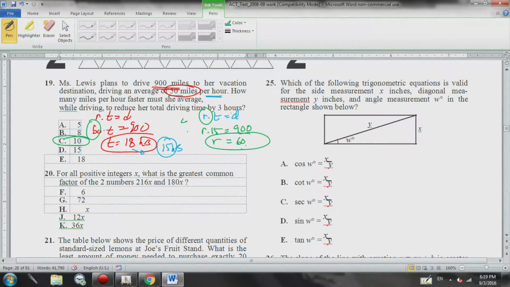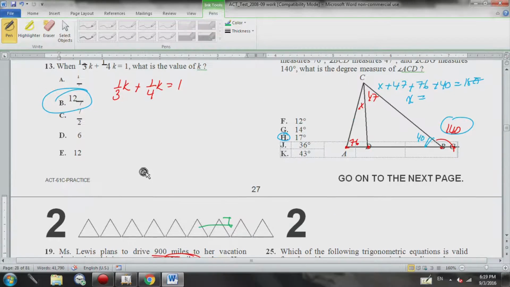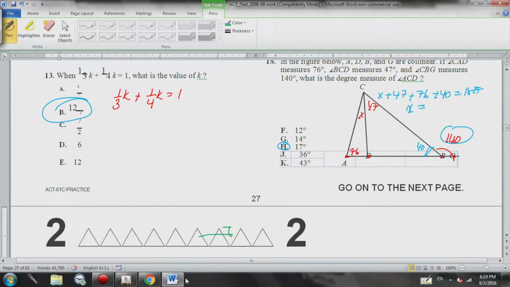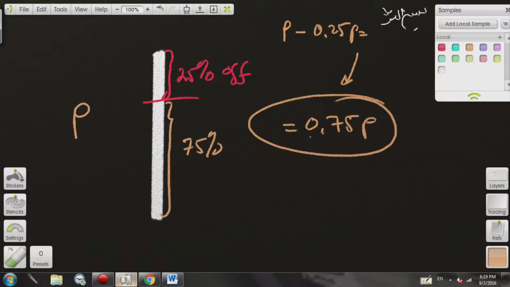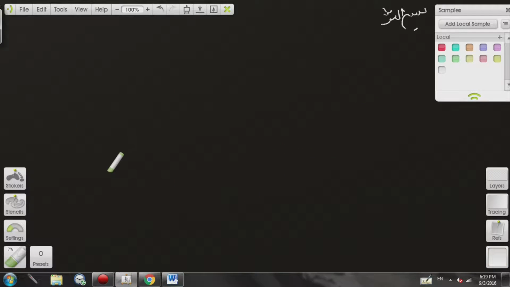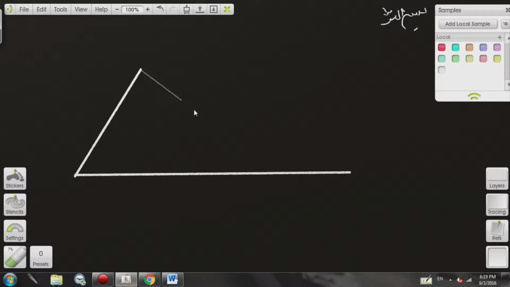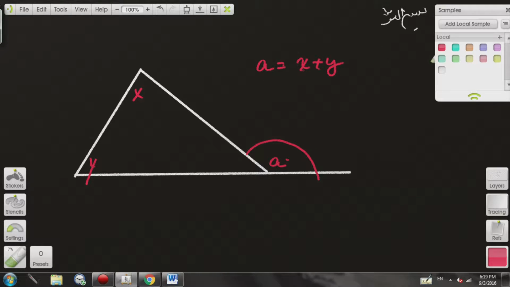Before I go on to number 20, I just want to go back to this one and comment on it a little bit. Just as a reminder about triangles, there's one theorem that's very important, and that's the exterior angle theorem. This is the exterior angle. The exterior angle is the sum of the two interior angles.